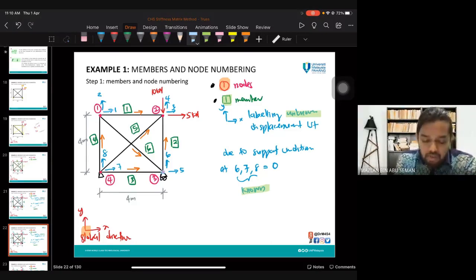So here is 1, 2, 3, 4. These are for displacement, okay? Then between node 3 and 4, certainly node 4 doesn't have displacement in X and Y, so we go for node 3. So 5, and the last ones, 6, 7, 8. Due to the support condition, 6, 7, 8 are 0. Okay, clear for this?